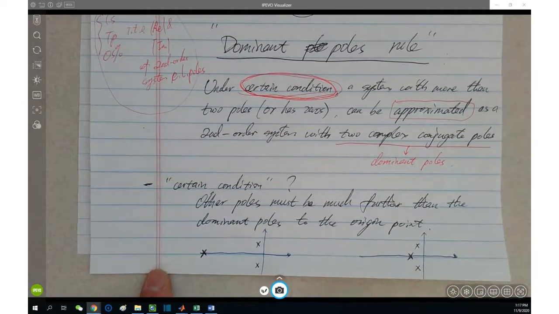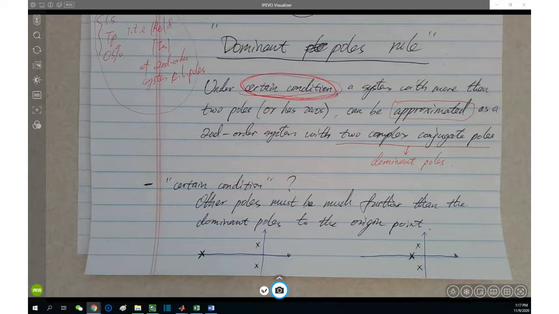So according to this description, which one? Say we call them system 1 and 2. Which one are we able to approximate to a second order system? 1 or 2? Obviously 1, right?